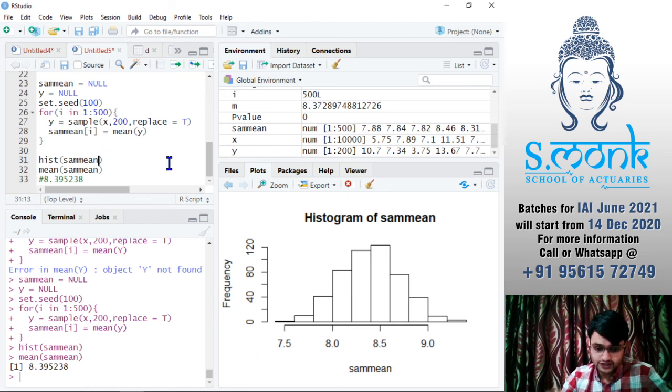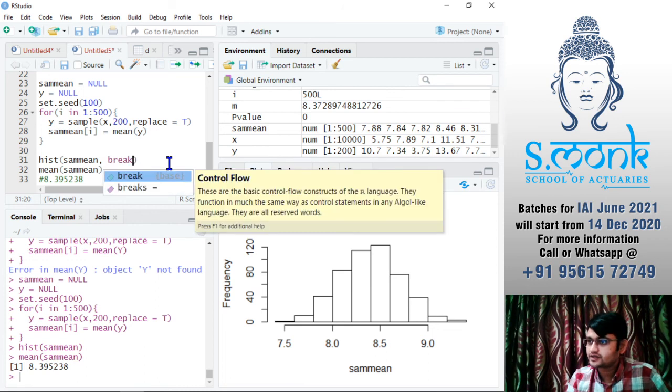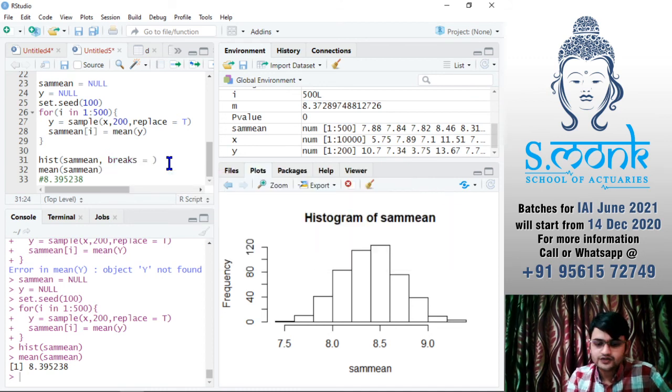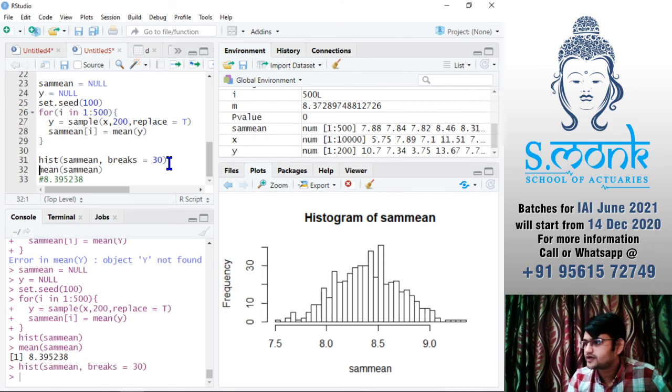If I take more breaks, if I want more data to be represented, then you will specify breaks. So they have specified 30 breaks. That was not given in the question, so this histogram would also work. That will not be a problem. But if we specify 30 breaks, then you can see that we'll get a similar kind of histogram.